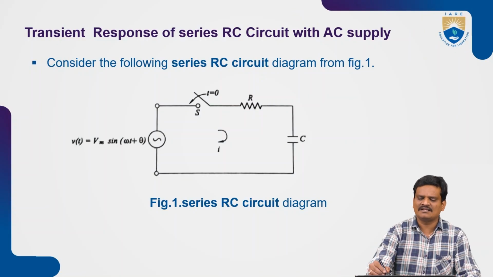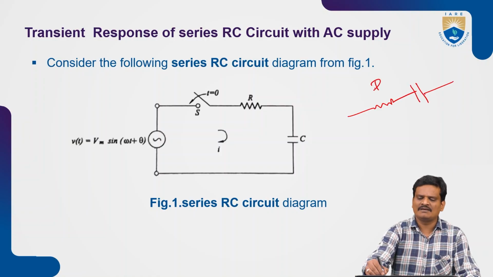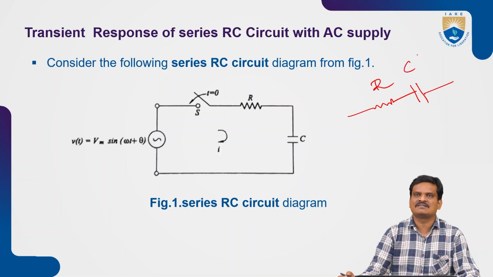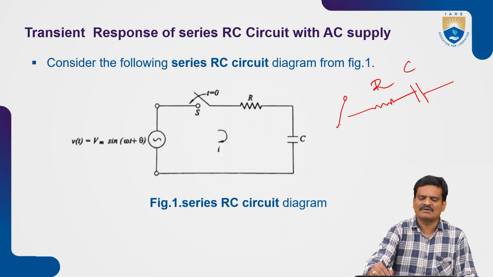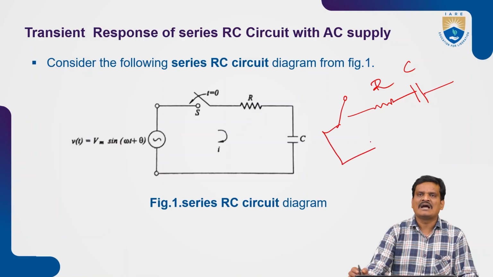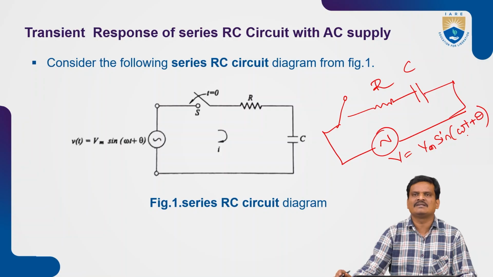As mentioned in the name itself, we need two elements here. One is R and the other is C. Let me name the resistance as R and the capacitance as C. As we are trying to calculate the value of the transient response, I need a switch in it and I need to give an AC supply. Let me name this AC supply as V, which is equal to Vm sine of omega t plus theta, or else it can be indicated by phi.